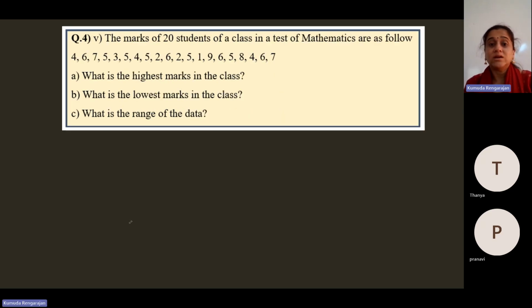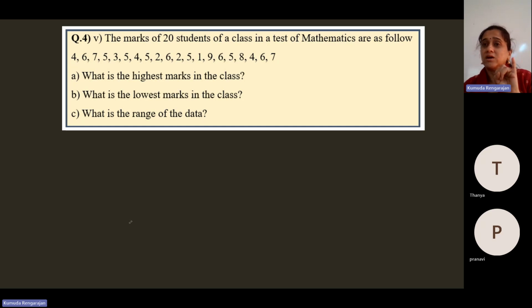But when you have more values, so here we have 20 values, and if you think the values are repeating, like how many times is 4 happening? 1, 2, 3 times. How many times is 6 happening? 1, 2, 3, 4 times. So you can see that certain values are repeating.